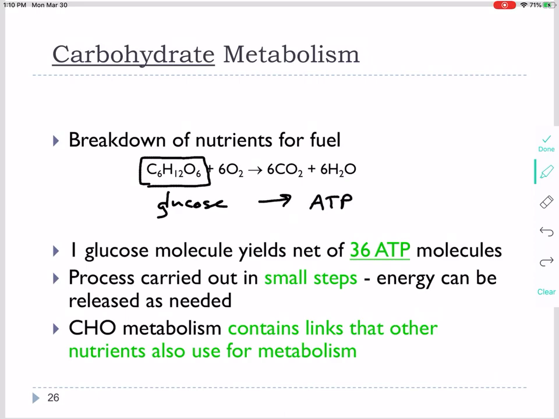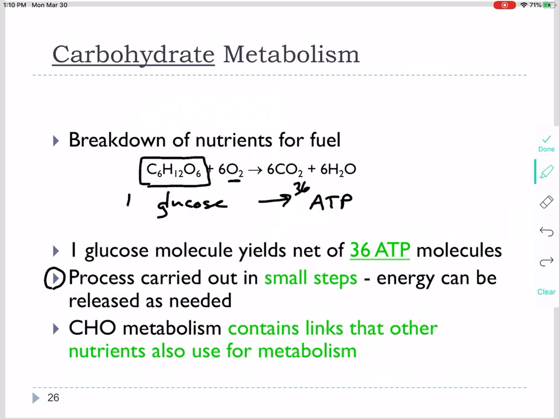We can convert glucose into ATP. By the way, what do we notice on the front here? We have glucose plus oxygen. So for our cellular respiration, 1 glucose molecule, under the right conditions where I have oxygen, can produce a net of 36 ATP.